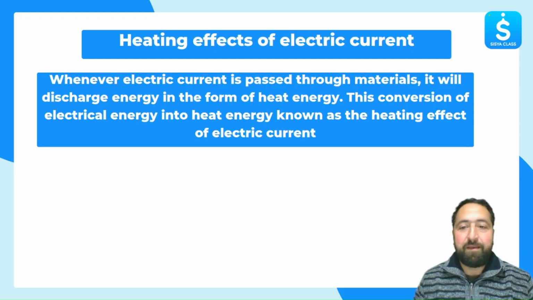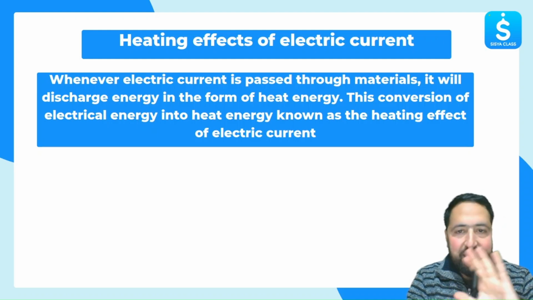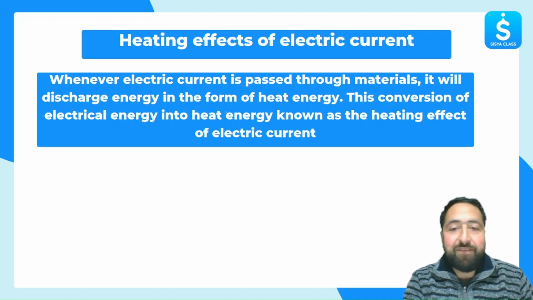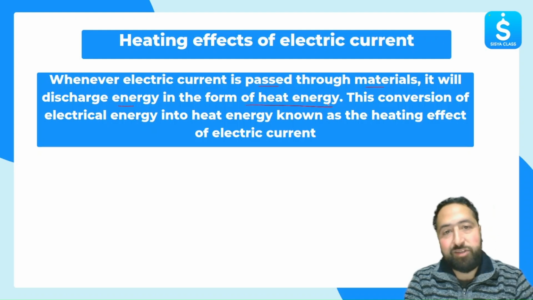So as I already said, whenever electric current passes through a conductor, it produces heat. That's what is written here. Whenever electric current is passed through materials, it discharges energy in the form of heat energy.